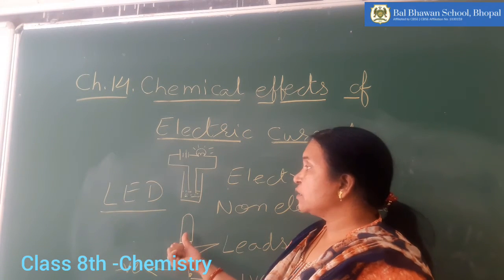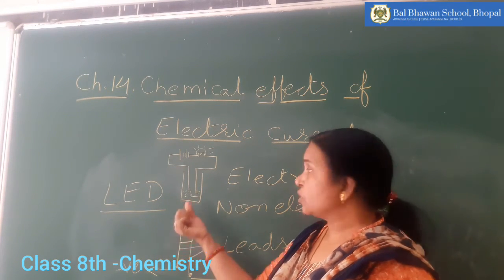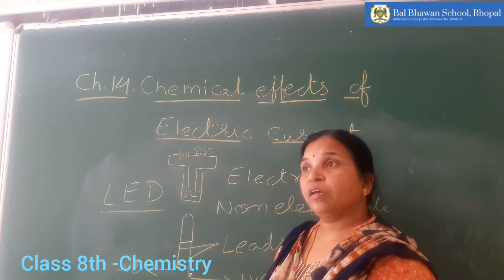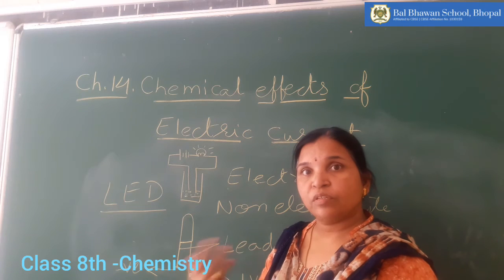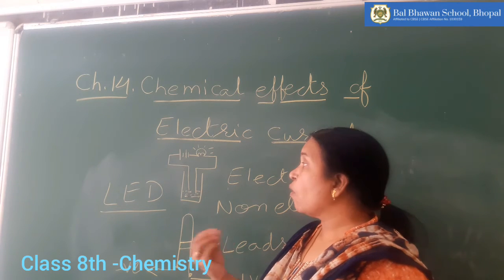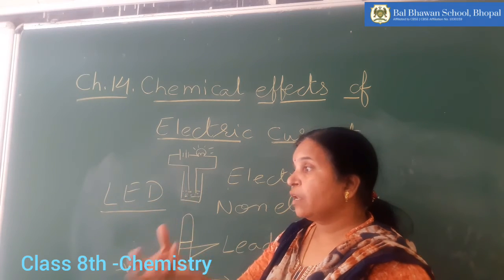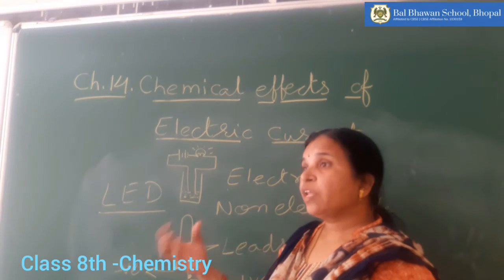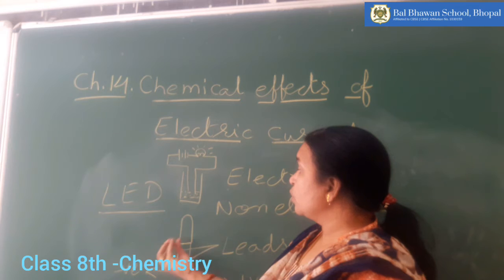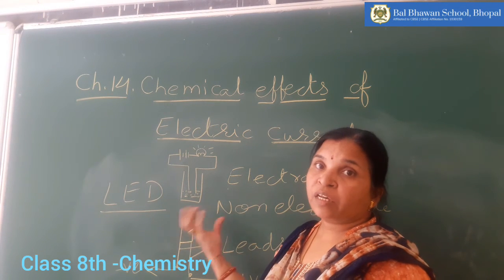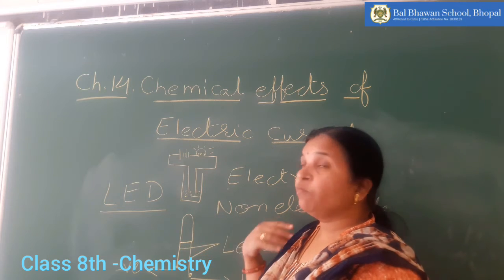Now when this LED is used, even if it is a weak solution like lemon water, or lime water, etc., then also it will be able to detect the current flow and the bulb will glow.